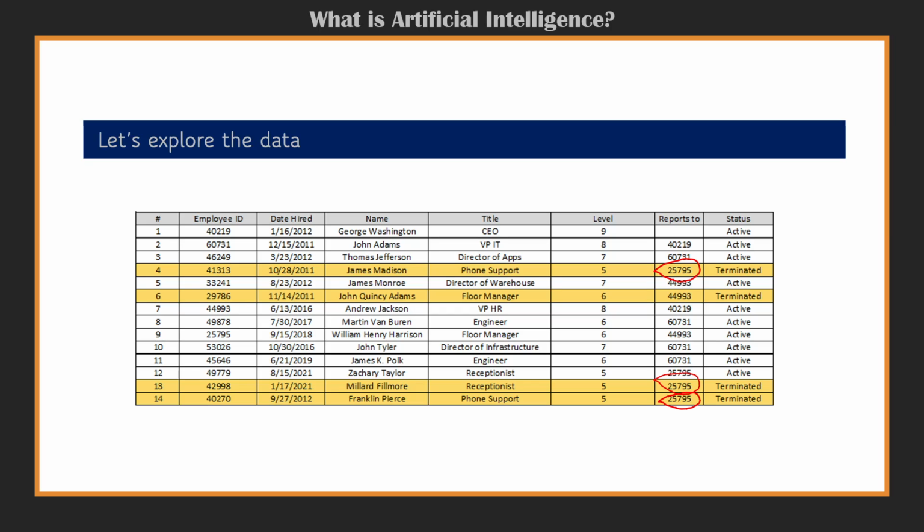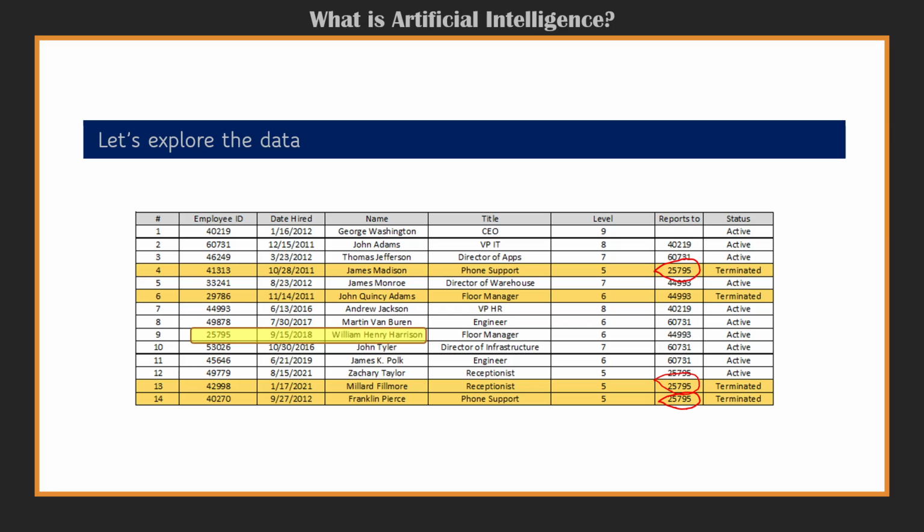He's level 5, and this person reports to 25795, who, if you look at the spreadsheet, is William Henry Harrison. Okay, so we made an observation, and it turns out that 3 of the 4 people within the spreadsheet who have moved on, they work for William Henry Harrison.